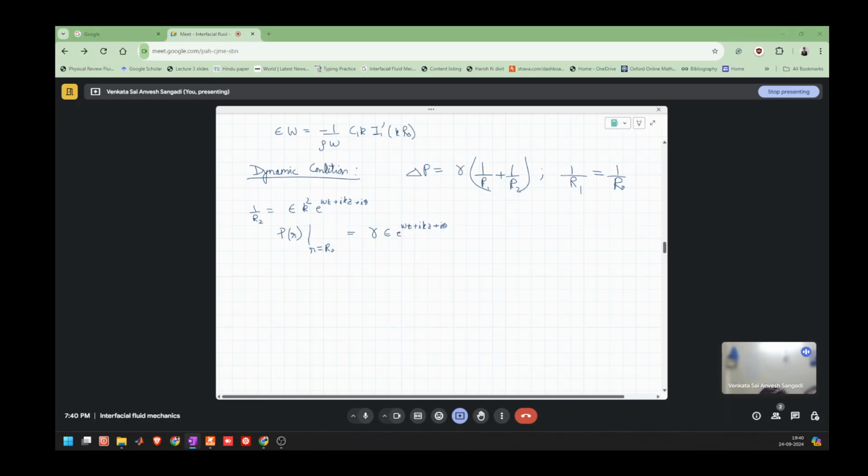which is equal to C1 I1 k R naught, which is equal to minus epsilon gamma k square. This implies we find the C1 value, which is equal to minus gamma epsilon k square by I1 k R naught.